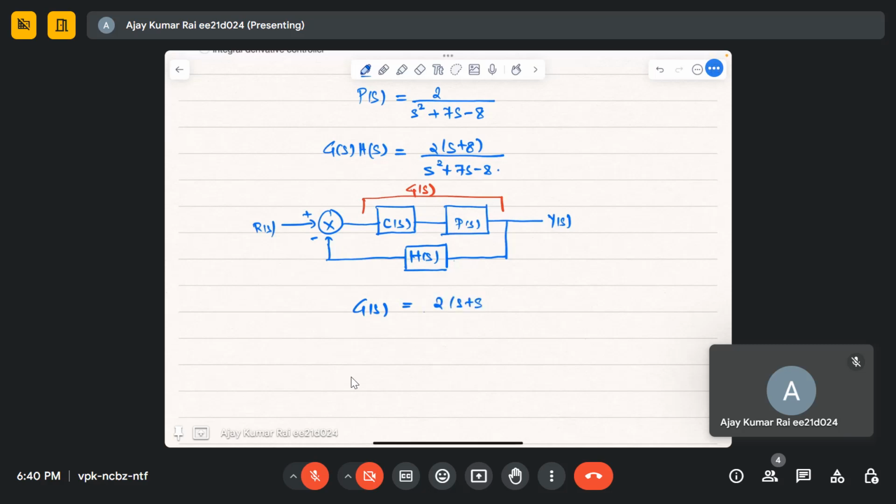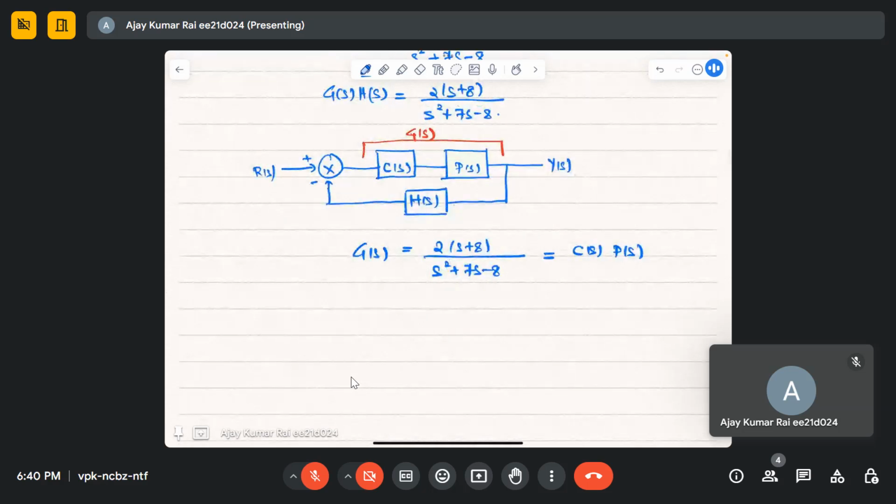(s plus 8) into 2 upon s square plus 7s minus 8. And this is equal to C(s) into P(s), right? G(s) is equal to C(s) into P(s). So you have to find out C(s).